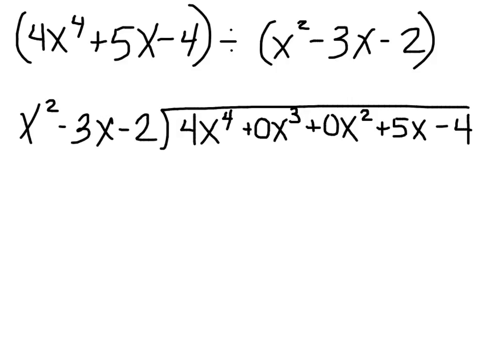All right. What times x squared gives me 4x to the 4th? 4x squared. Very good. So 4x squared times x squared is 4x to the 4th. 4x squared times negative 3x.